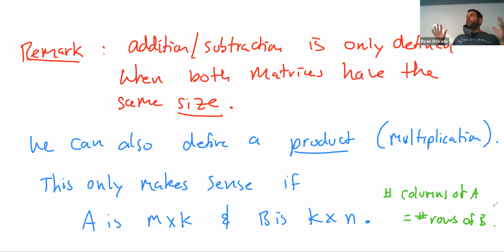Now, a cool feature of matrices is many matrices that arise in useful applications often are square matrices. They have the same number of rows as columns. So multiplication is usually defined in that sense. So this is a scary definition. And it's not easy to write down.